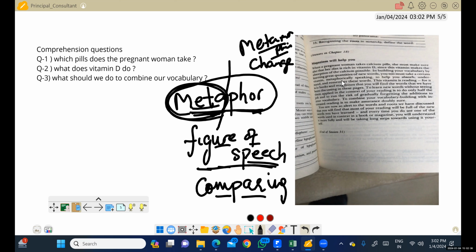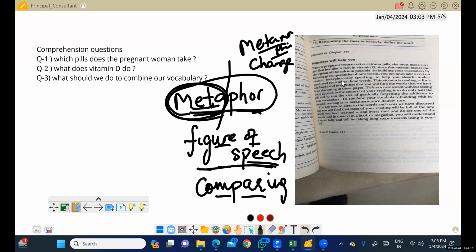Sir, in this comprehension, we are comparing vitamin D with reading. The way vitamin D is essential for the absorption of calcium, in the same way, reading habit is essential to build up your vocabulary. So reading habit works as a vitamin.